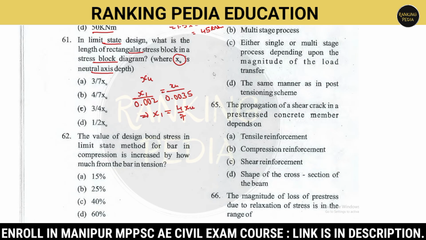Now we will calculate the depth of the rectangular portion. x1 is the depth of the parabolic portion, and we have to calculate the depth of the rectangular portion, which we will denote by x2. x2 is Xu, which is your neutral axis depth, minus 4/7 of Xu.